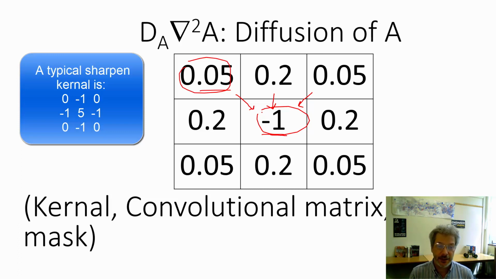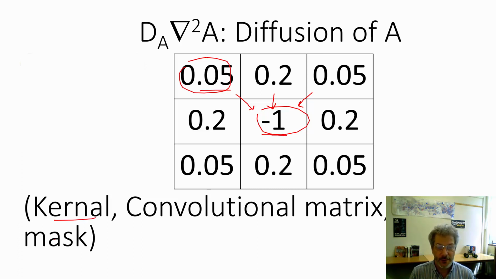In image processing, it's called a kernel or a mask. If you're thinking about things like neural networks, this same sort of pattern is a convolutional matrix. So this general idea of I have a grid of values and each value is going to change depending on its neighbors actually appears in computer science all over the place.